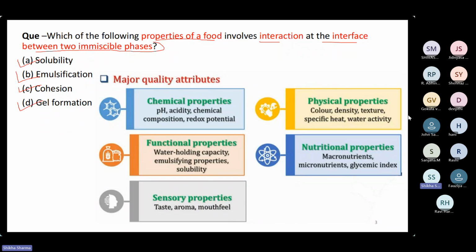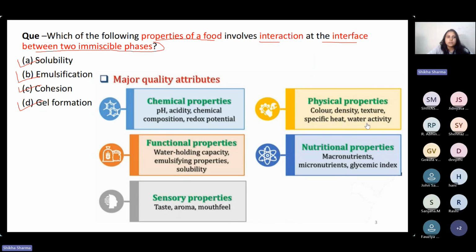We need to identify which property involves interaction at the surface, where two immiscible phases interact at the interface. Would anyone like to answer this question?